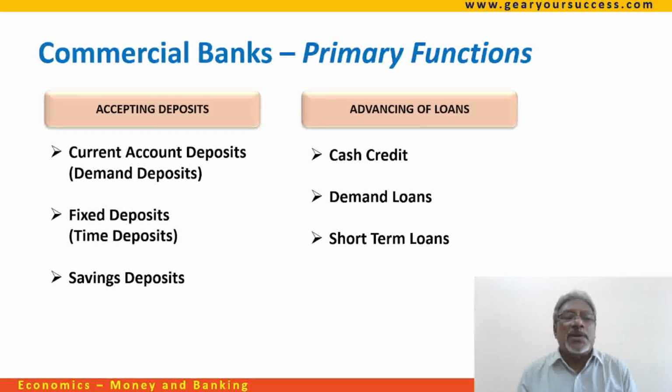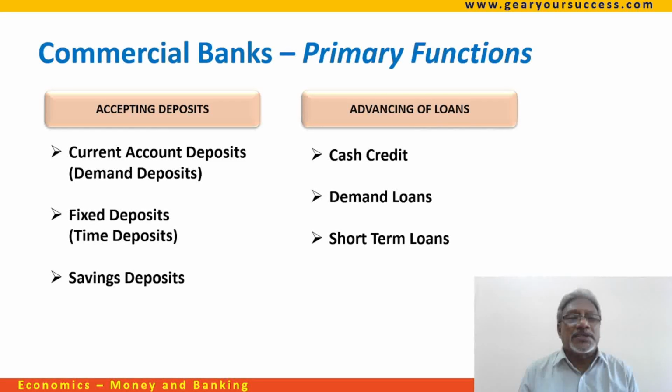Now, getting into the primary functions of commercial banks. One, they accept deposits. As an individual, what deposits can the public make in a commercial bank? There are current account deposits, also called demand deposits. Organizations, firms, companies and small businesses, instead of keeping money with them, keep it in their bank accounts.